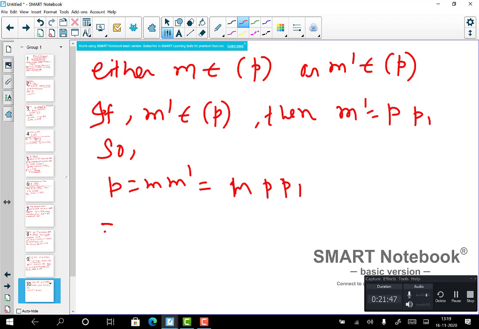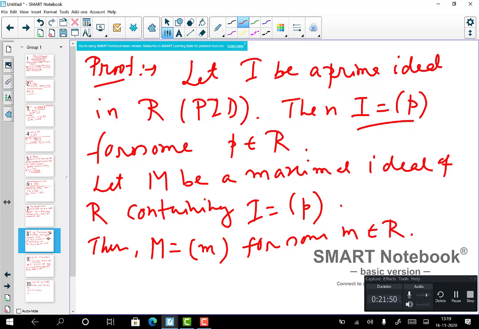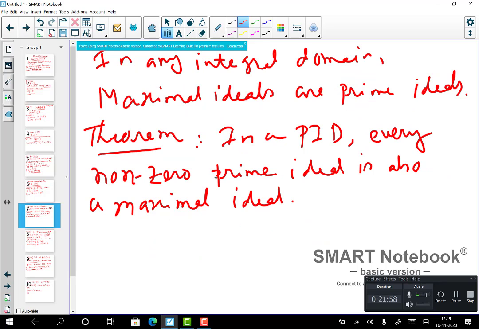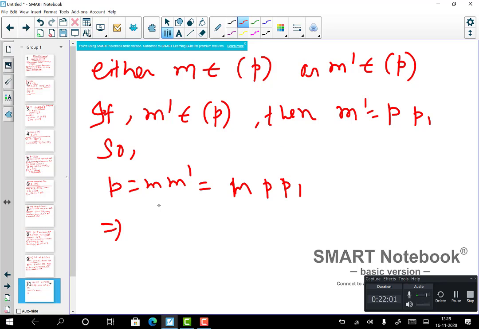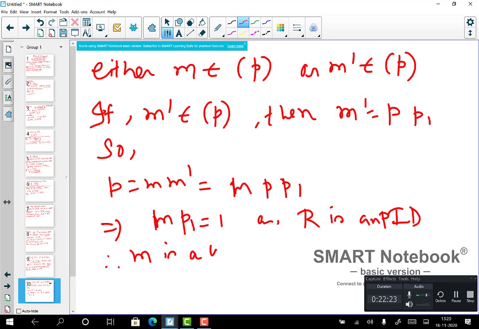Now, PID is given, right? PID means it's also an integral domain. If you use the integral domain property, that gives you m into p1 equal to 1, as R is an integral domain. PIDs are also IDs, right? So what does that mean? This implies m is a unit in R.